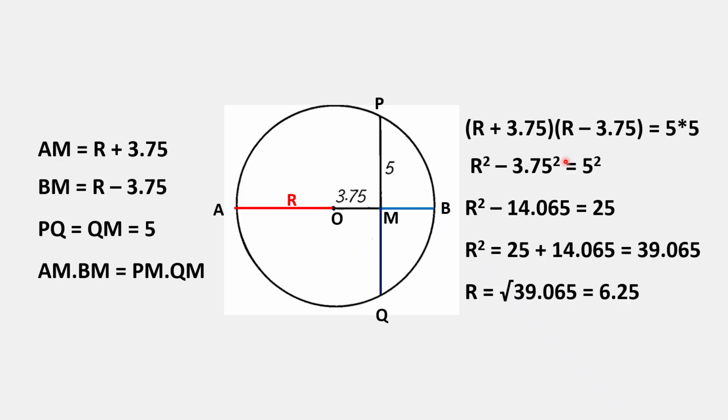Calculating, we get R square as 39.065 and R equal to 6.25 units. That is the radius of the circle required. The radius is 6.25 units of length.